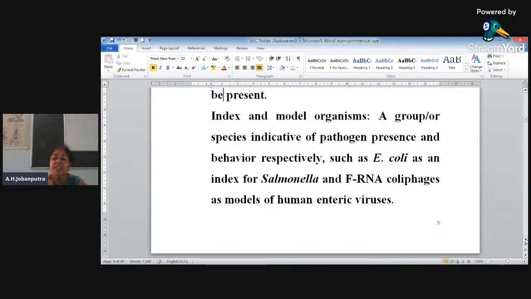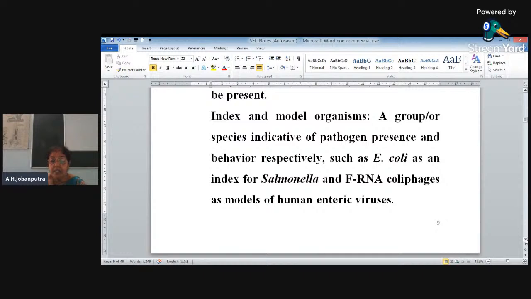if these phages which are infecting coliform organisms are present in water, it is an index that other human enteric viruses may also be present, like rotavirus, which causes severe diarrhea, Coxsackie virus, and other viruses.